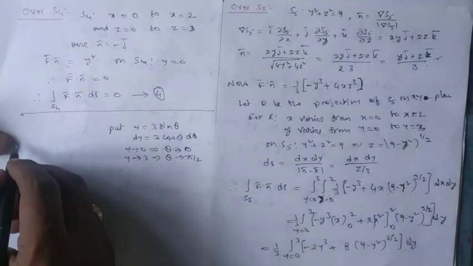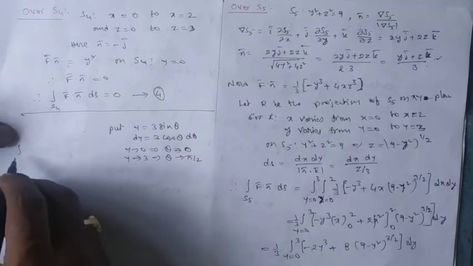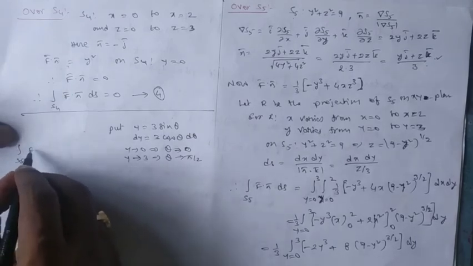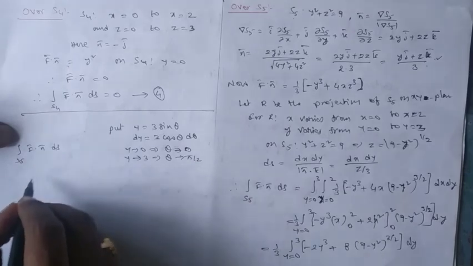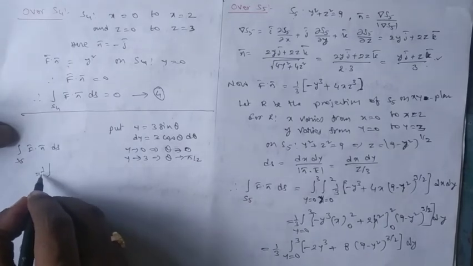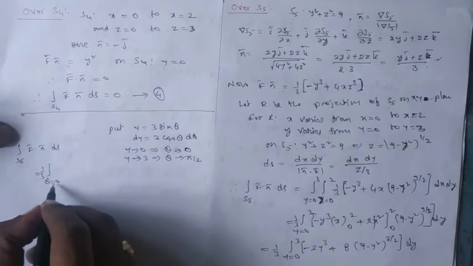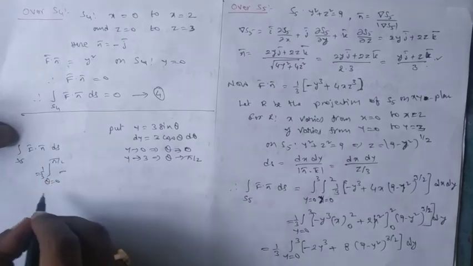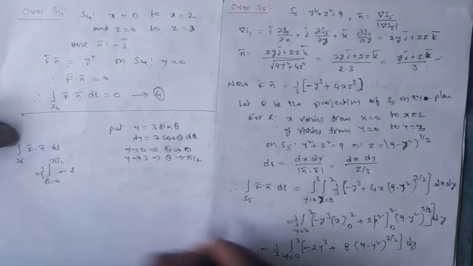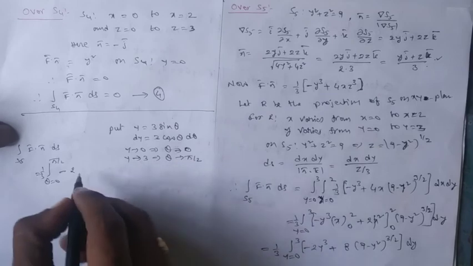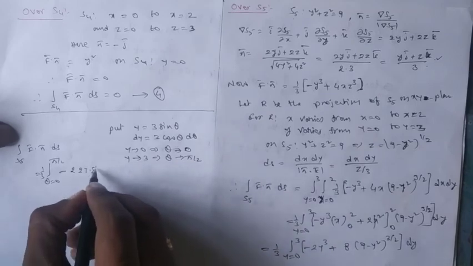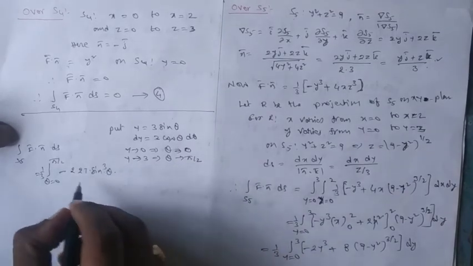So this integral over S5 of f bar dot n bar dS equals 1 by 3 times theta equal to 0 to pi by 2 of minus 2 times y cube, which is 27 sin cube theta.